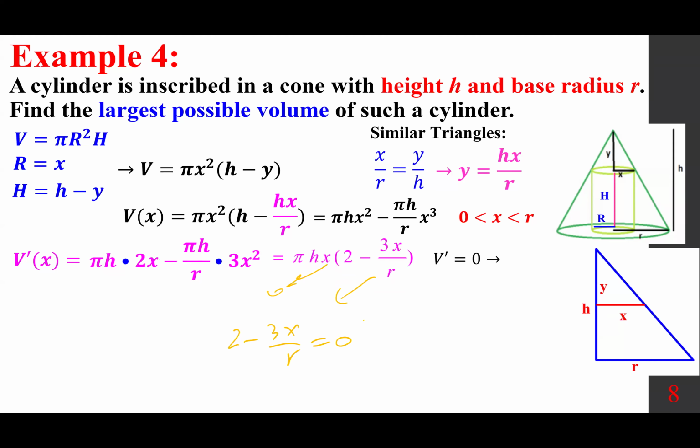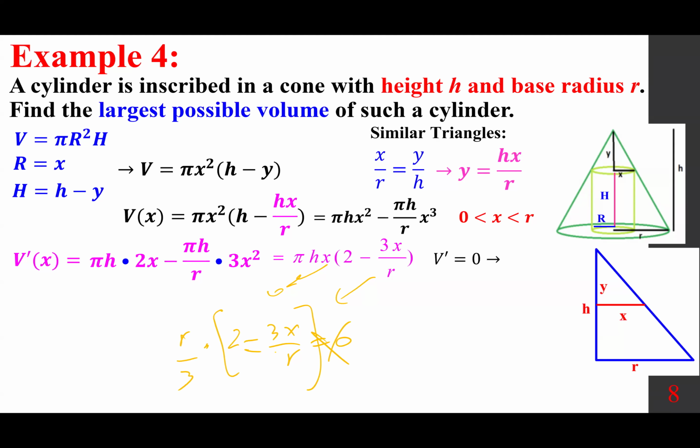You can get rid of this, put the equality here, and then multiply by r over 3.